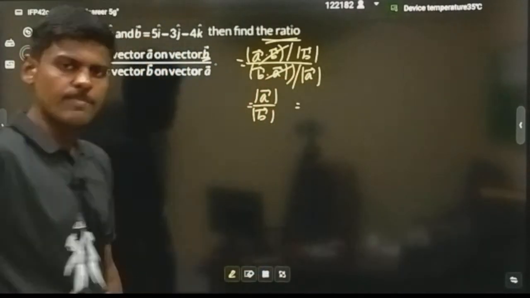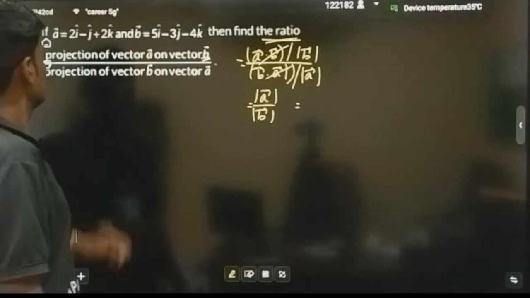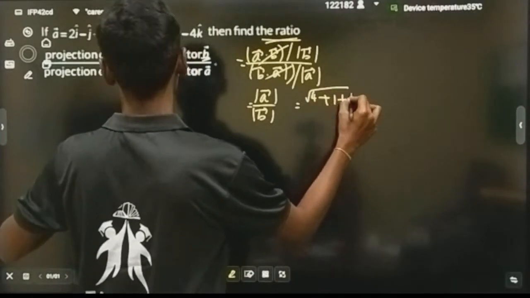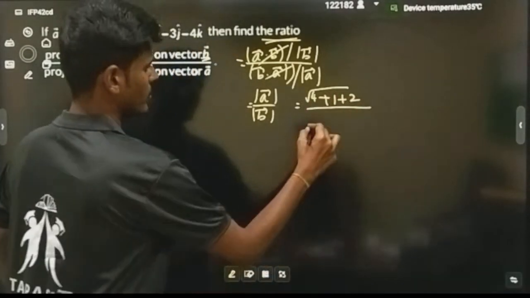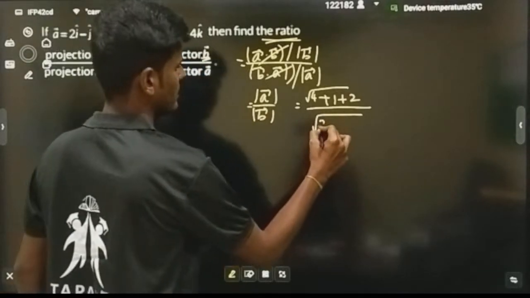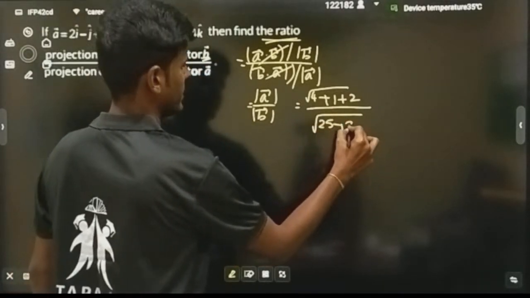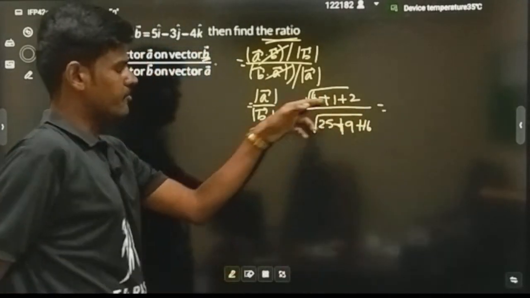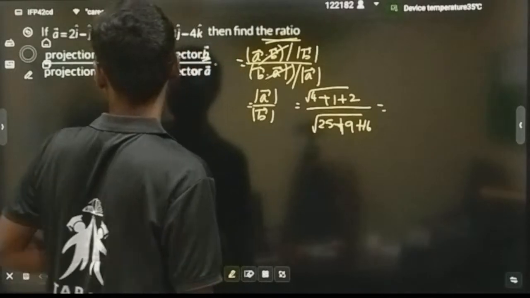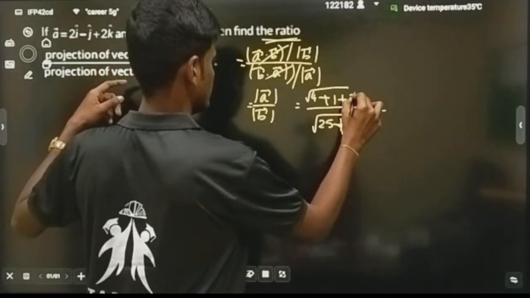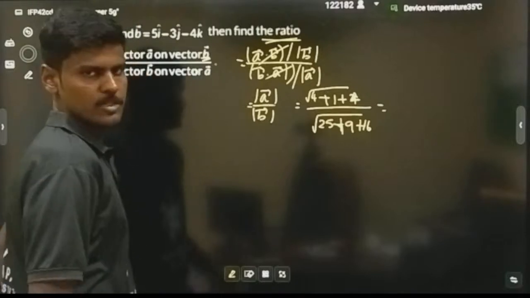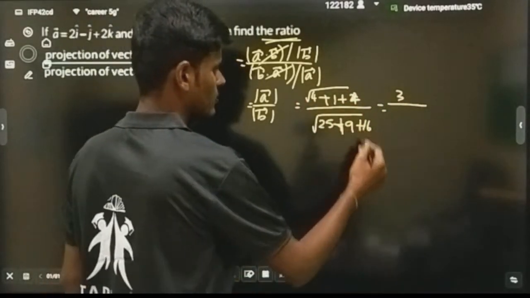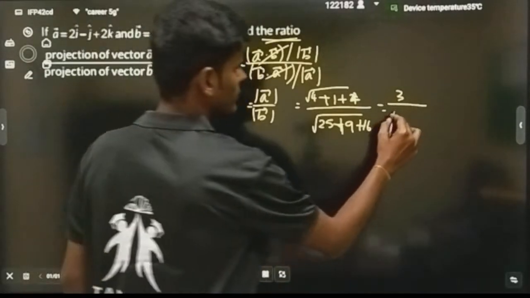We already know how to calculate modulus. What is the magnitude of A vector? Square root of 2 square plus 1 square plus 2 square, divided by square root of 5 square plus 3 square plus 4 square. This is 4 plus 1 is 5, plus 4 is 9, root 9 is 3, divided by root 50, which is 5 root 2.